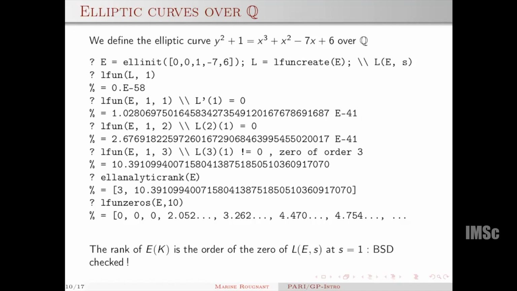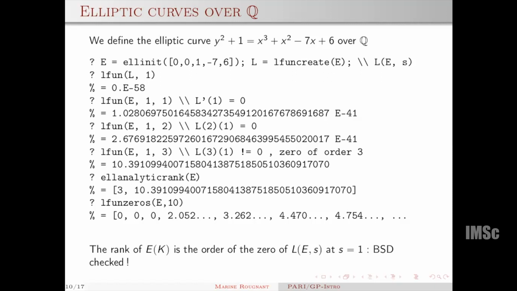That means that 1 is a zero of order at least 2. Try with the second derivative, it's still 0. So it's a zero of order at least 3. Try with the next derivative. We find something which is not 0 anymore. So we just checked that 1 is a zero of order 3 of this L function.